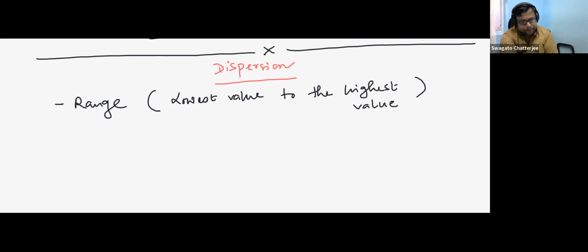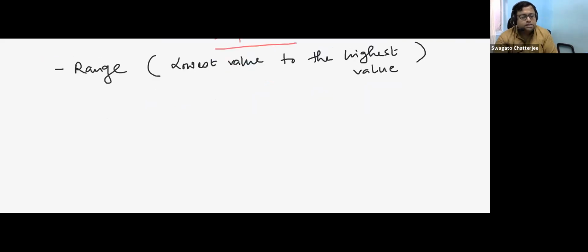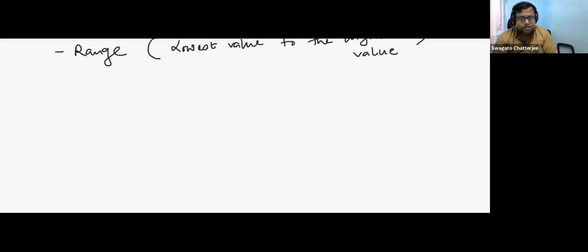That's your range. It's a measure of dispersion. Another very common measure of dispersion is standard deviation, and so on.